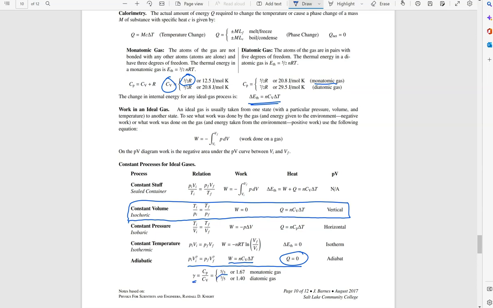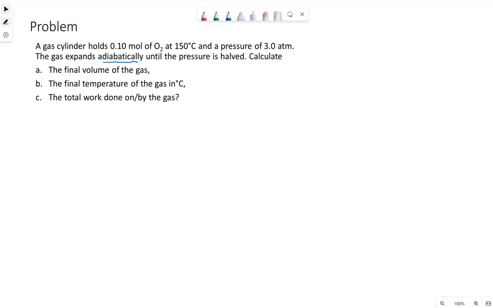O2 means we have a diatomic gas, so that means we have gamma of 7/5. So I'm going to come back here and write that. Gamma is 7/5. I write my gamma kind of weird, just because I'm kind of challenged in writing my gamma.